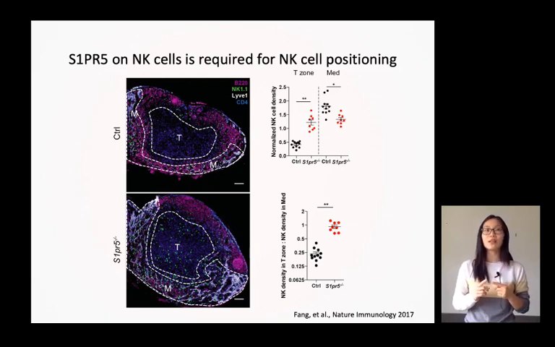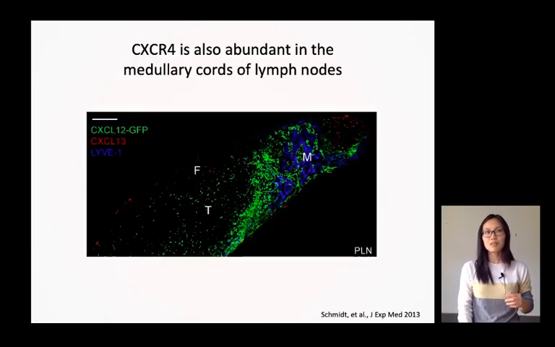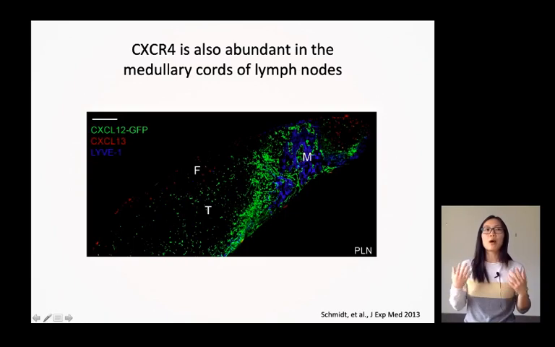One thing I'll note here is that although NK cells are no longer preferentially in the medulla when we disrupt S1P gradients or the signaling, not all of the NK cells left the medulla. You can still see many NK cells localized in the medulla. And so this suggested to us that another unknown player might also help NK cells maintain localization in the medulla. When we were thinking about what this other player might be, we thought about previous work.